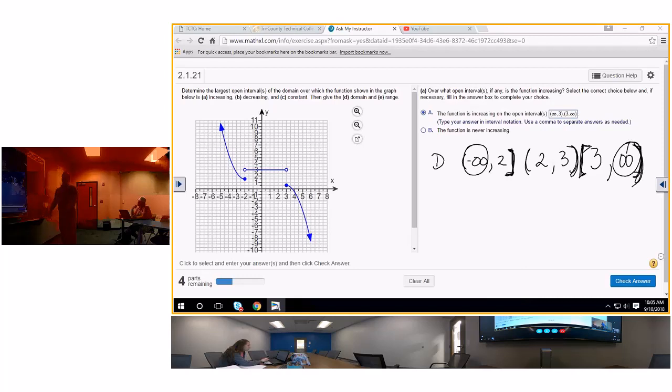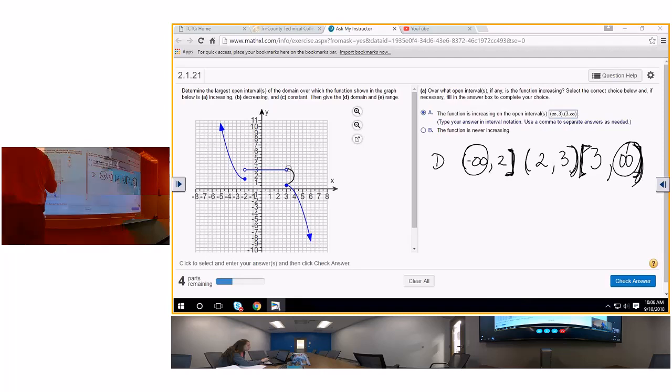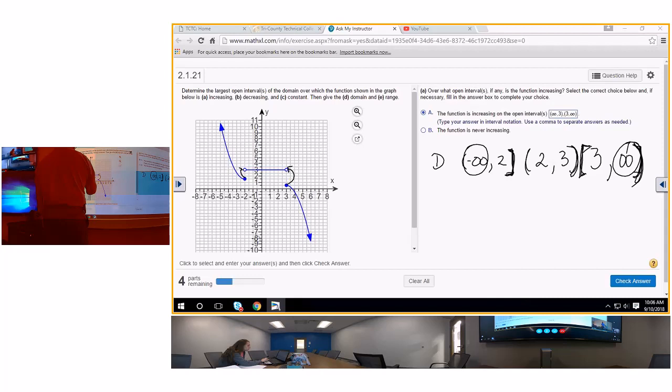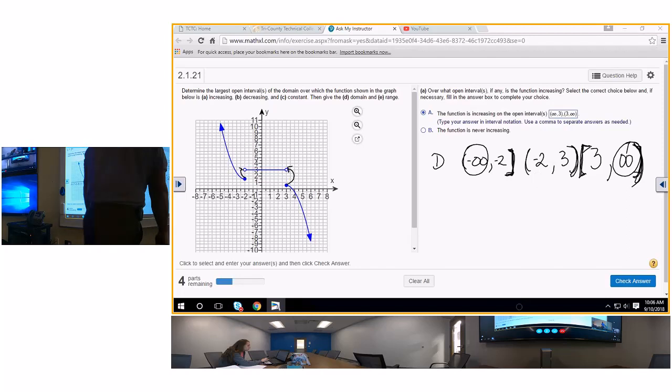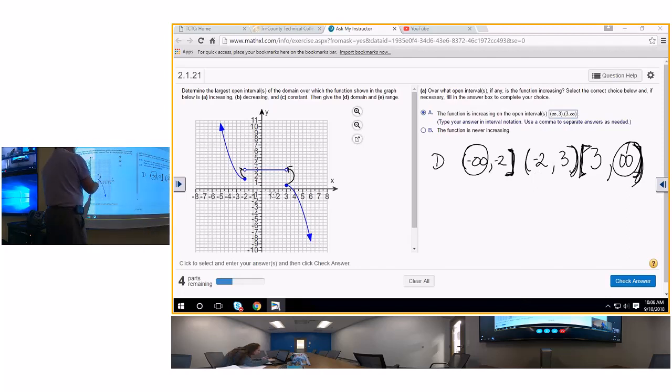Negative infinity to positive infinity is the domain. Only because this basically what? Cancels that out. Because the negative 2, sorry. There. The negative 2 is what? It's inclusive. So is the positive 3.